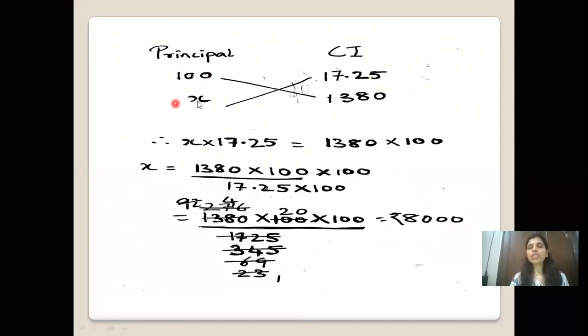So if principal is 100, CI is 17.25, and if CI2 is 1380, then how much is the principal? Cross multiply and you will get 100 into 1380 is equal to x into 17.25. Now once you divide, you shift the decimal. So you get 1380 into 100 upon 1725.